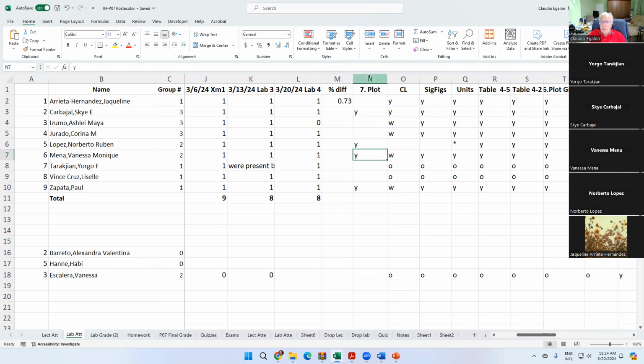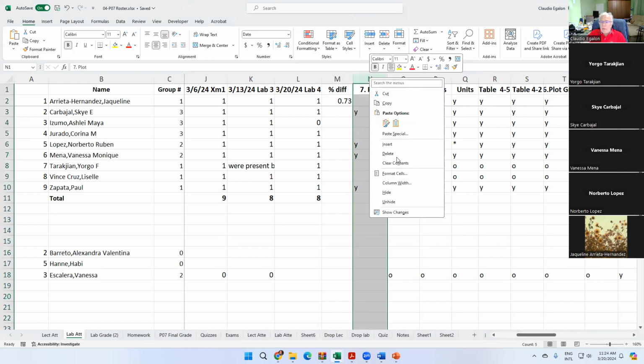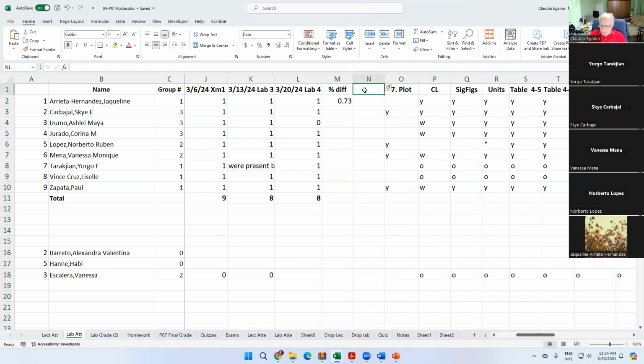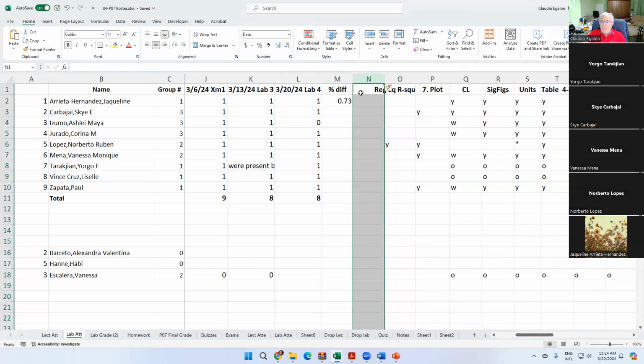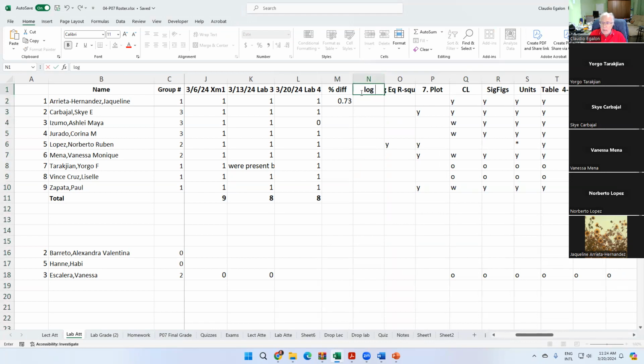Yes, okay, good. So here you go, regression equation and R squared. Okay, so Norberto got that. The next step is to log the slope in the last table. You still didn't do that. You still didn't log the slope, Norberto?